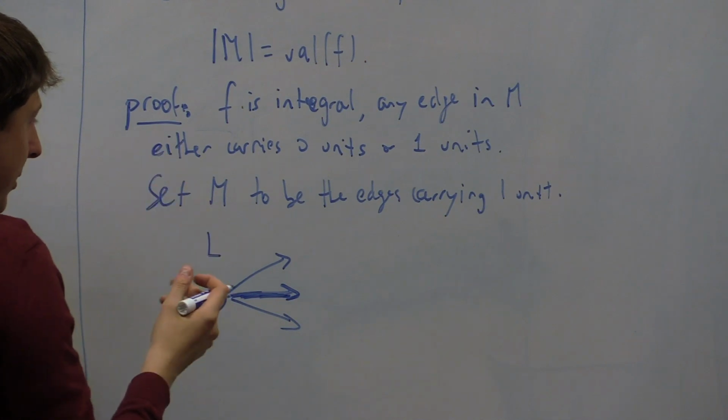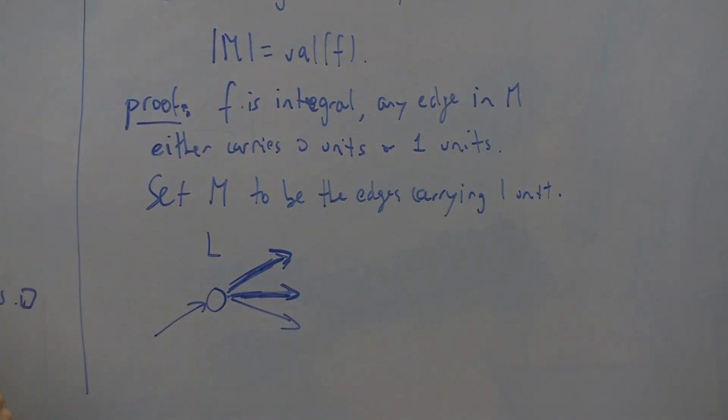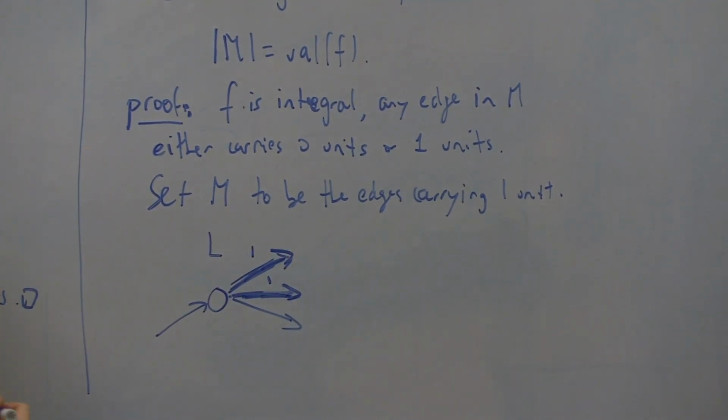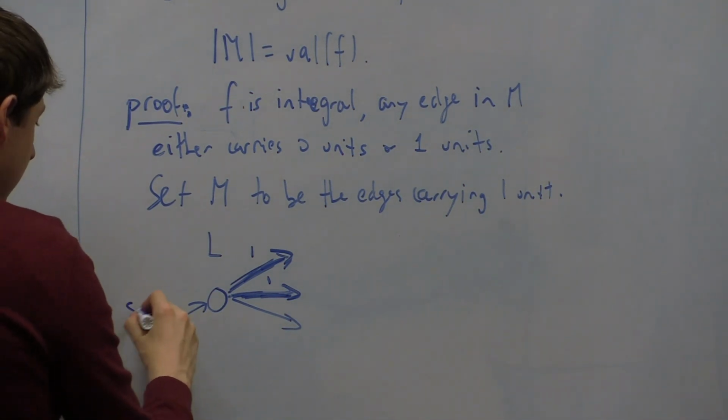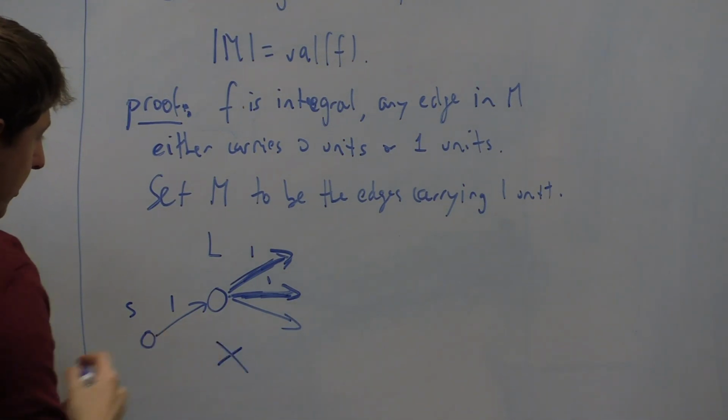Say by way of contradiction that there are actually two edges in M that were selected. Because we selected them, both of them carry one unit of flow. But going into the vertex L from S, there is only capacity 1, right? So a picture like this would violate conservation of flow.